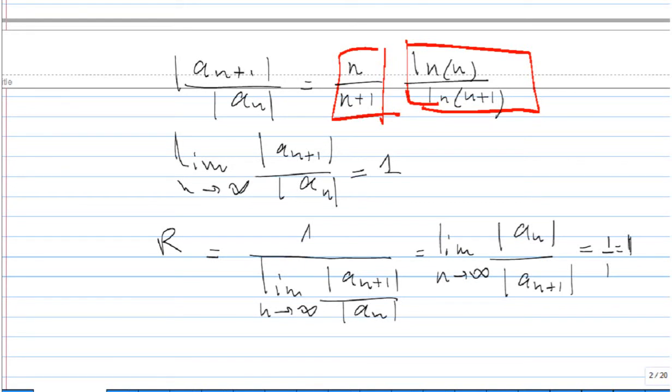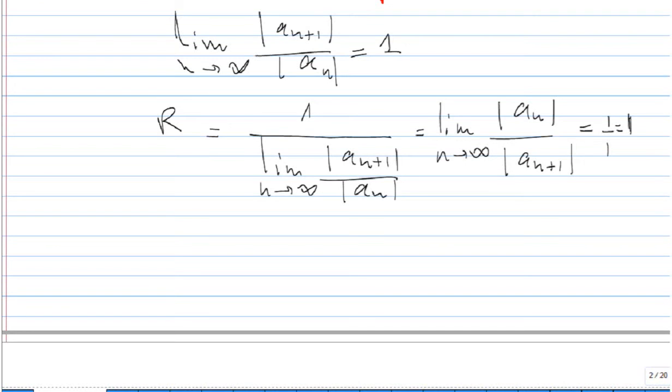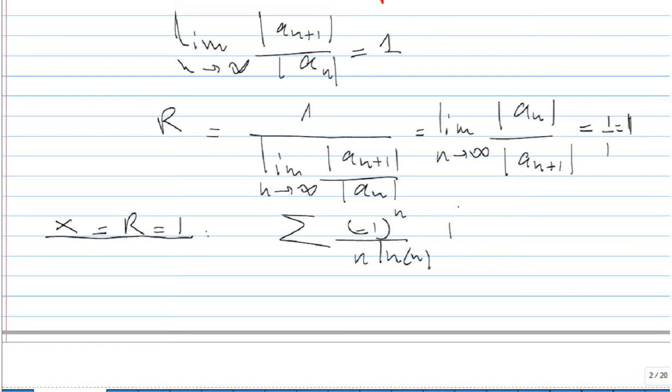So next, we need to find out what happens to the series when x is equal to r, which is 1. So we have the original series, the sum of (-1)^n over n ln n times 1 to the power n, from n equals 2 to infinity, which is the series (-1)^n over n ln n.